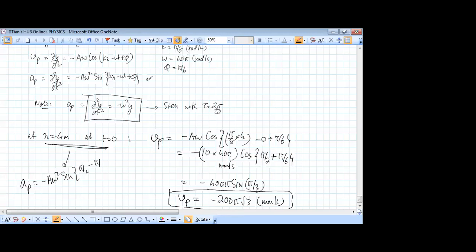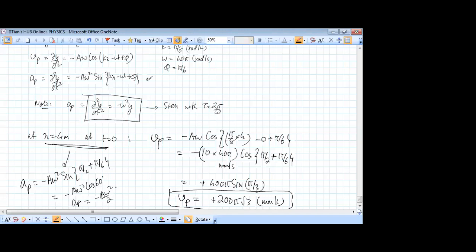So 90 plus 30 will give you minus sine 60, so this will become plus. Okay. So this is also plus. Now, sine 90 plus 30 will give you cos 60. So this will be minus a omega square cos 60, minus a omega square by 2.